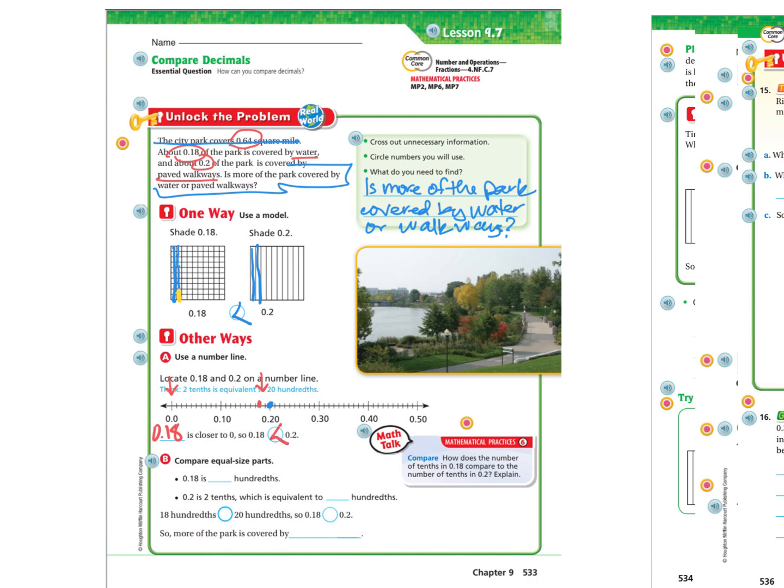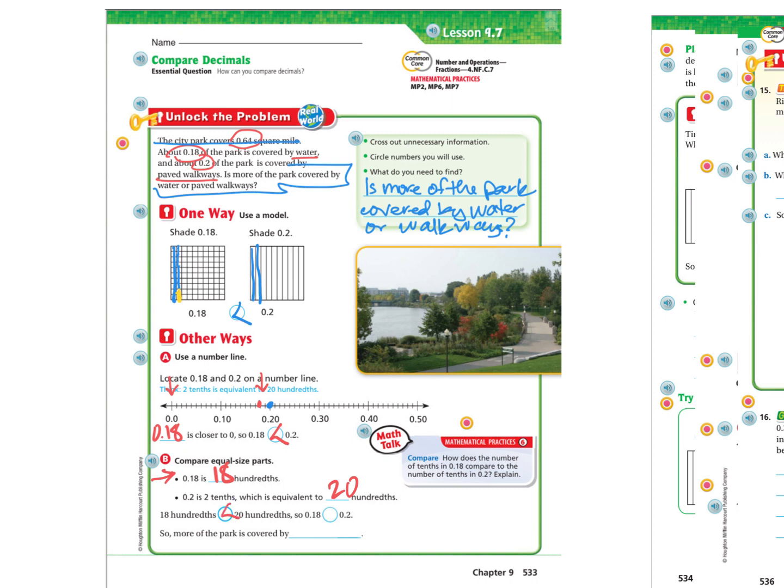Okay, so compare equal size parts. 0.18 is how many hundredths? Say it. Just what is it? It's how many hundredths? 18. Yeah. Okay, is 18 hundredths. And 0.2 is 2 tenths, which is equivalent to how many hundredths? 20 hundredths. So 18 hundredths is what to 20 hundredths?